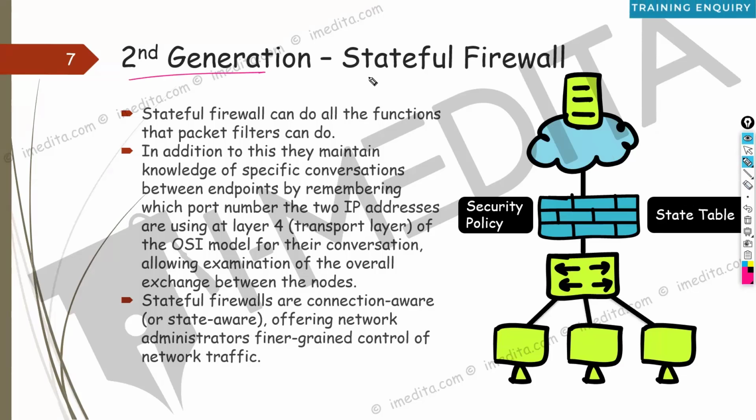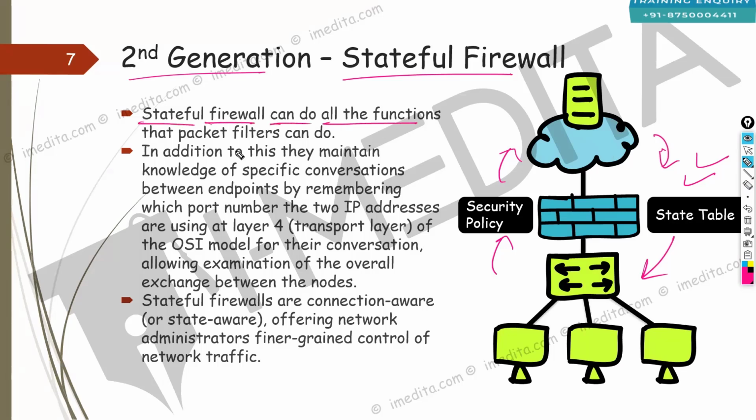Next, we have second generation firewall. Second generation firewall is stateful firewall, which I already told you. When a stateful firewall receives a packet, it will maintain a database. It will forward the packet. When it receives the reply, it will check the database. If it matches, the packet is allowed. Same here, you can see a stateful firewall can do all functions that a packet filter can do.